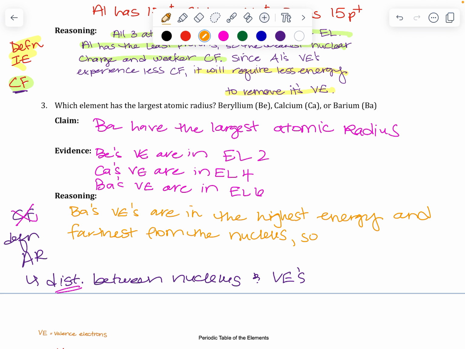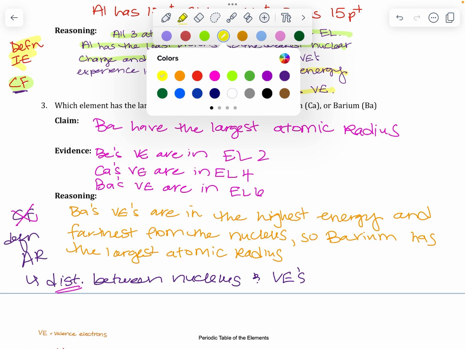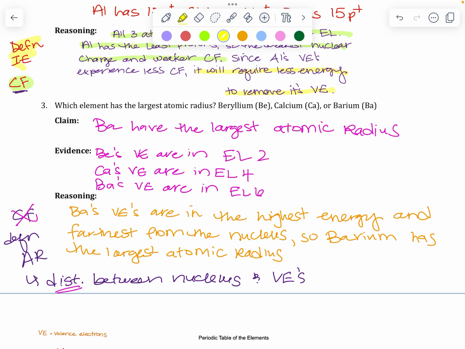So that means that barium has the largest atomic radius. And again, I don't need Coulombic force in when we are specifically talking about atomic radius and we have our valence electrons in those different energy levels.